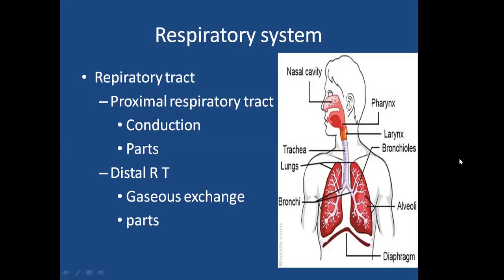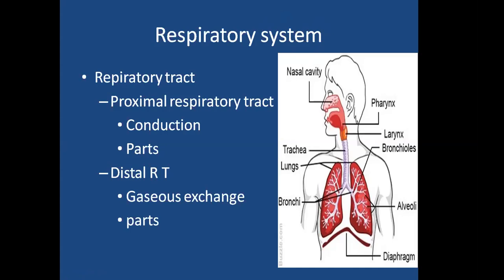bronchioles, terminal bronchioles, respiratory bronchioles, and when the respiratory bronchiole starts, the distal respiratory tract starts. It consists of the respiratory bronchiole, alveolar duct, pulmonary atria, alveolar sac, and pulmonary alveoli.